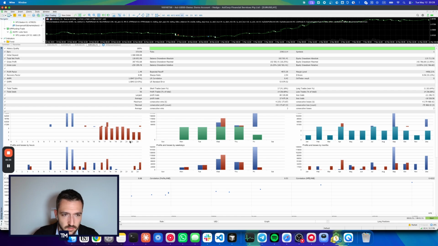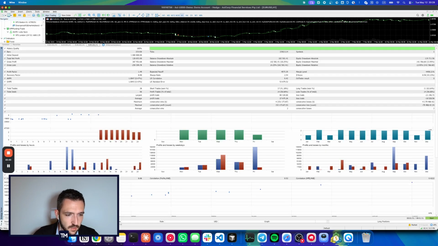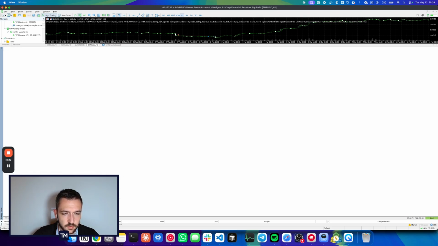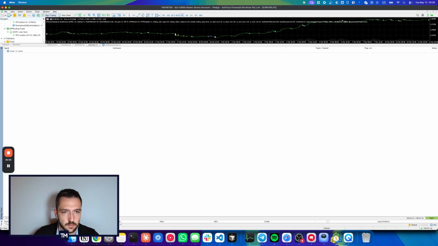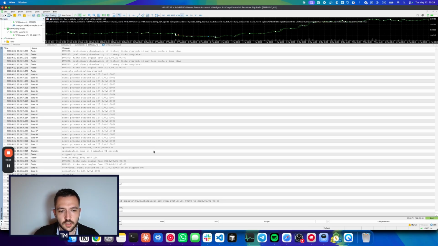So basically that's it around the strategy tester. You have the graph, as I said, and optimization results. This is going to be a separate video only about optimization. The agents, this is something around how it uses your CPU, not something you want to care about. And the journal, well, the journal is going to give you what is actually happening, like application logs.